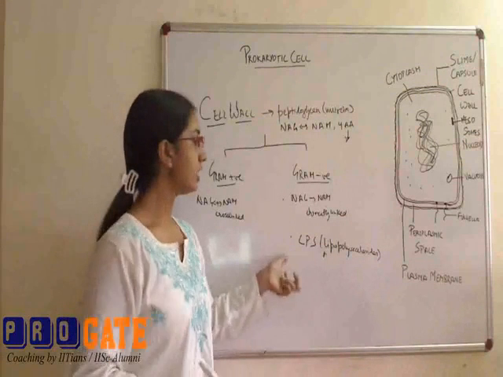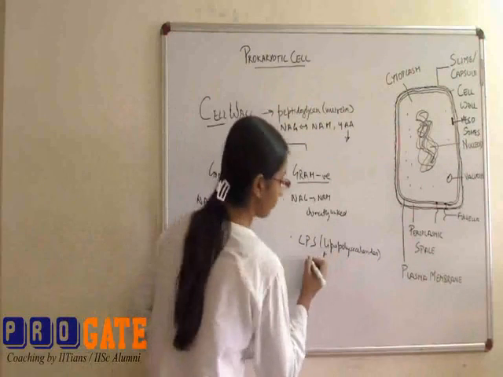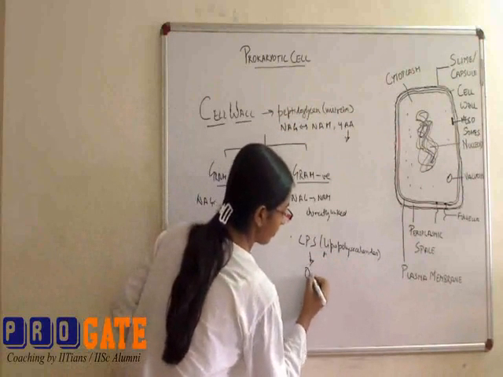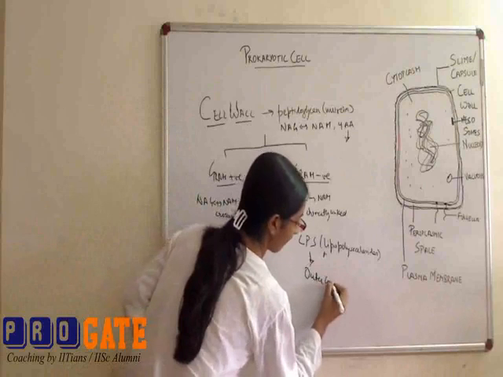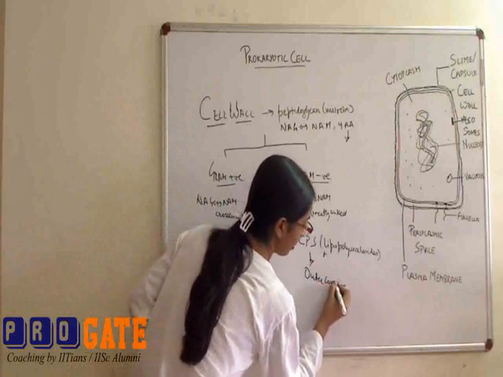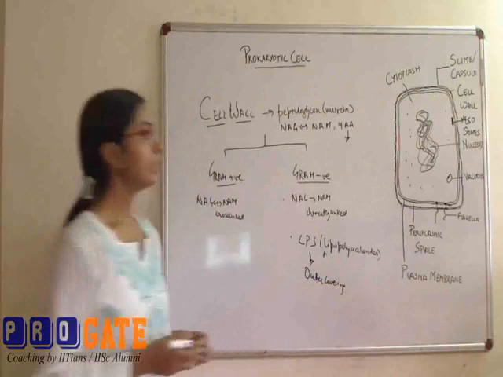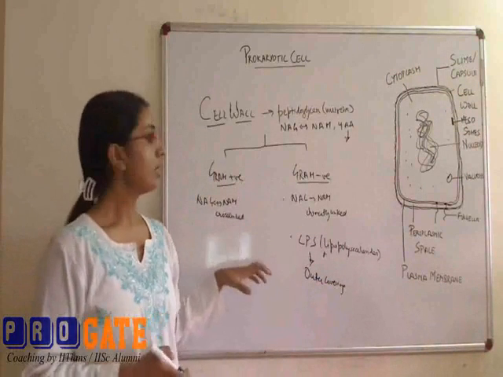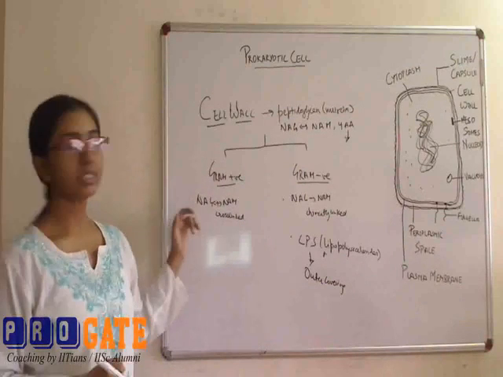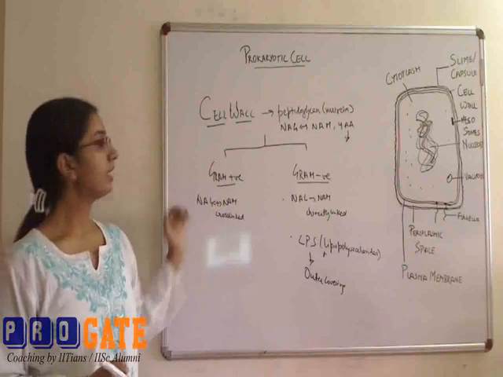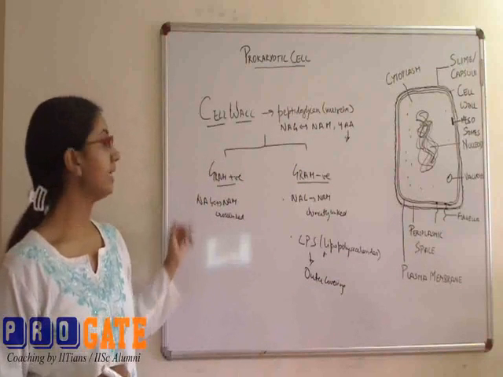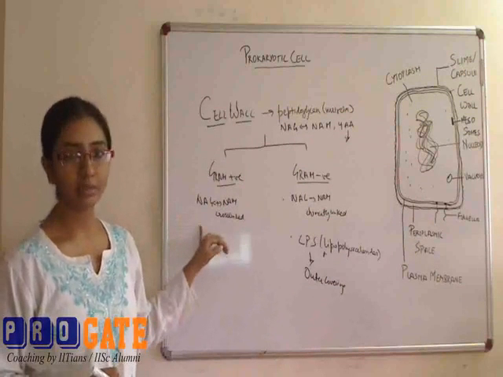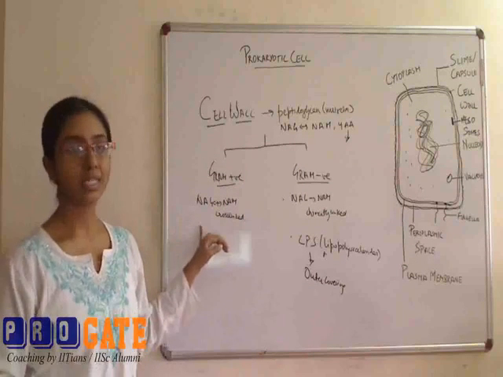So this actually forms the outer covering for these bacterial cells. During the staining, when we had the crystal violet dye, in the case of gram-positive bacteria, the crystal violet permeates inside and binds to the NAG and NAM residues. So a permanent staining occurs.